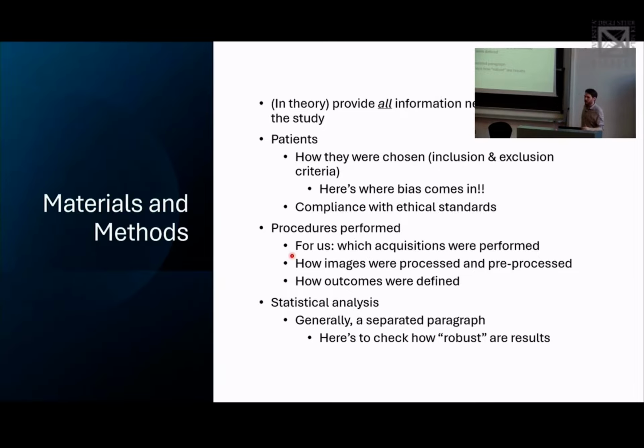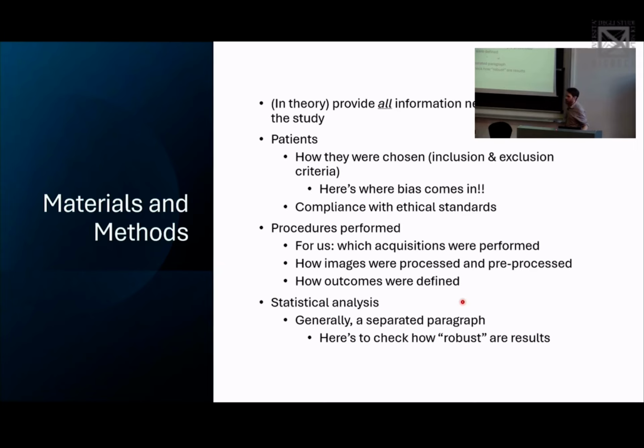Say you do a CT scan and you want to detect lung tumors in a CT: it makes a difference whether you use state-of-the-art CT scanners using the high-resolution protocol with high dose, or whether you are using old scanners and doing the 5 millimeter slices with the lowest possible dose, and everything else that happened afterwards.